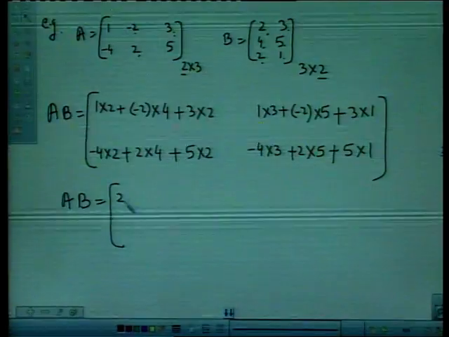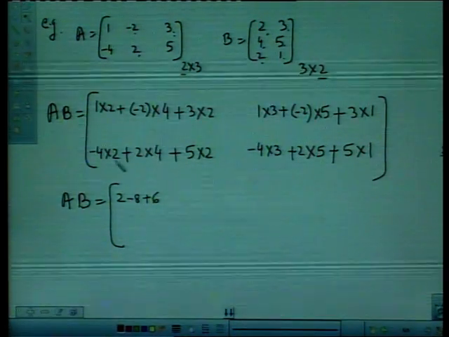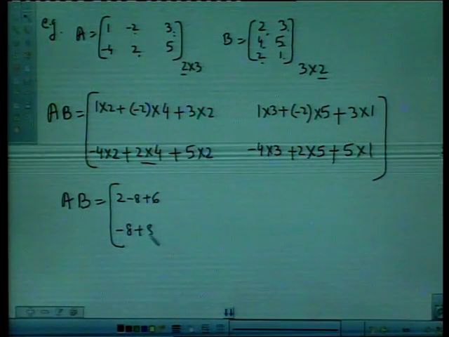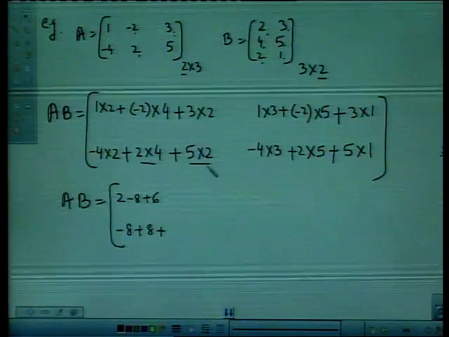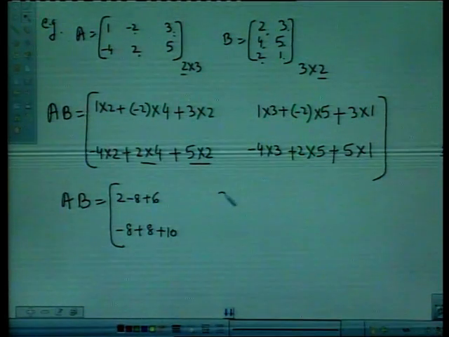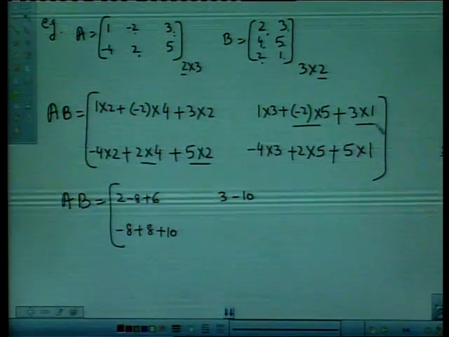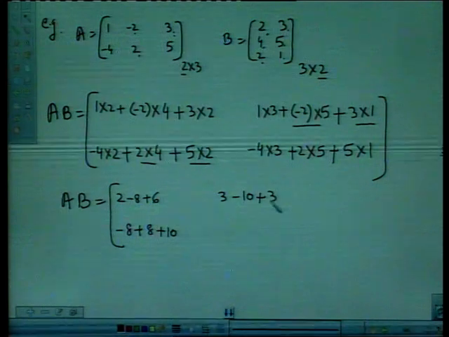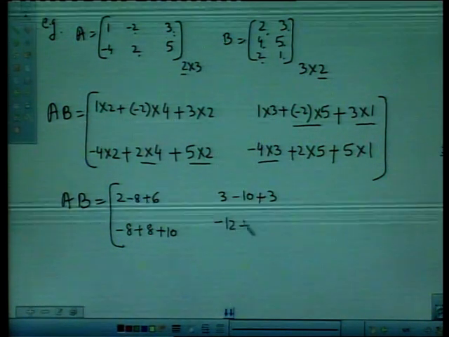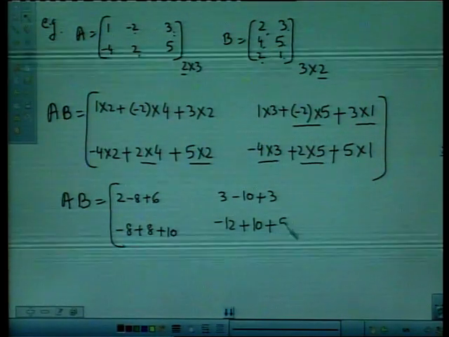2 minus 8 plus 6 here, and 3 minus 10 plus 3. Now here is -8 plus 8 plus 10, and -12 plus 10 plus 5.